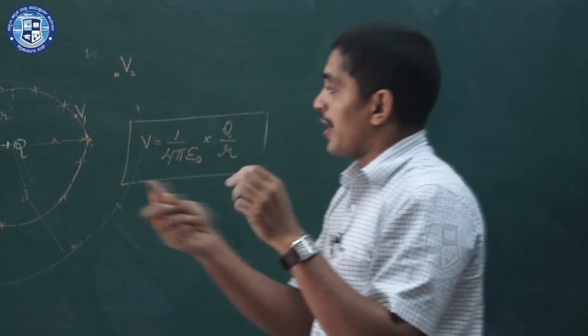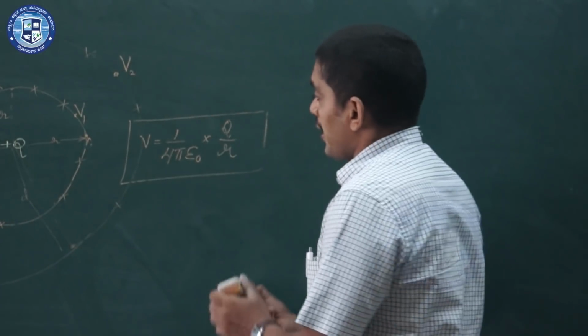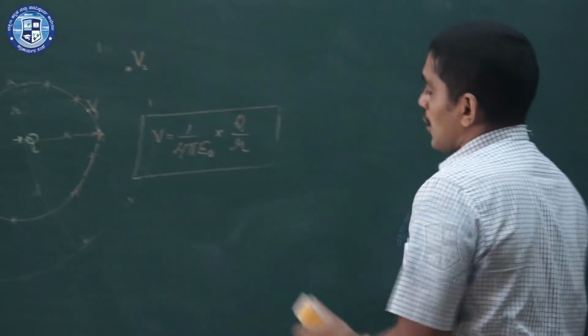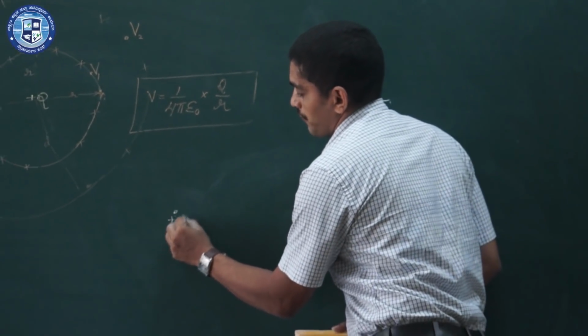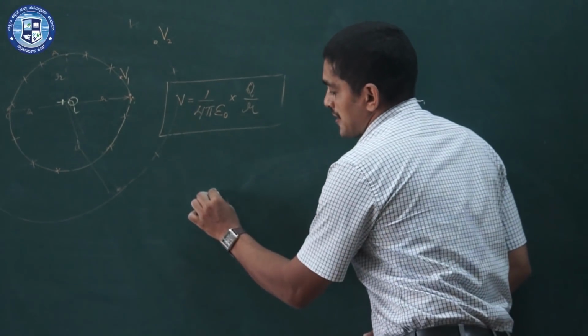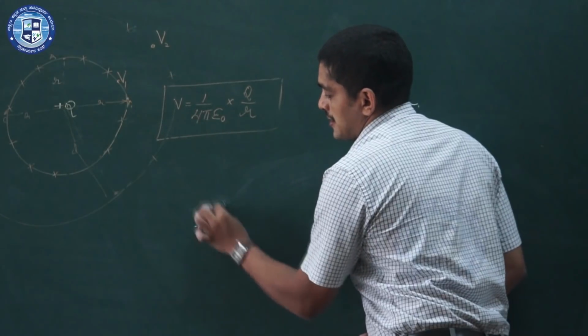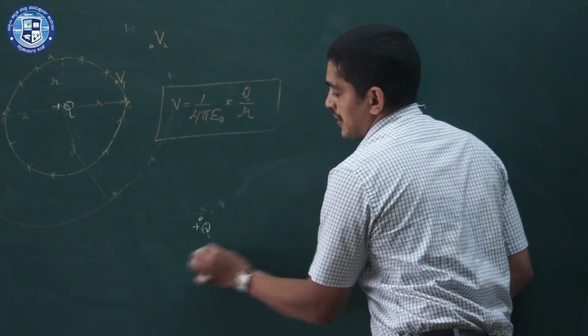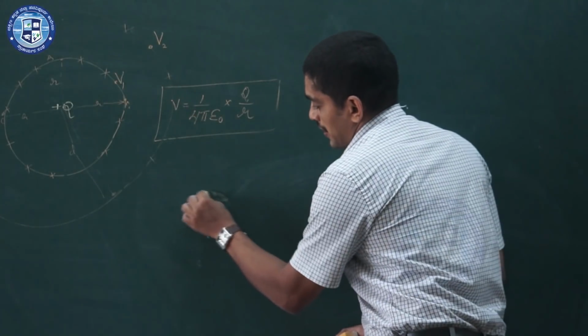For a point charge, say plus Q, you can think of a sphere around this charge.